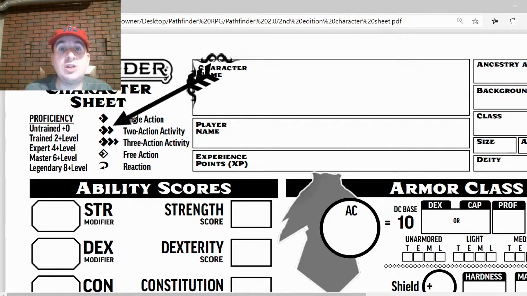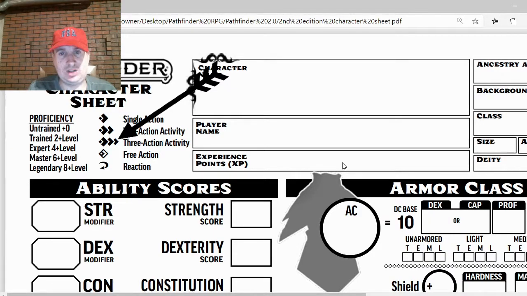There are also certain other abilities that require 2 actions as well. The third symbol on your character sheet in this section is for 3 action activities. These are very few and far between. A few spells and abilities fall into this category, but you're probably not going to have to worry about this section or this symbol too much, if at all.